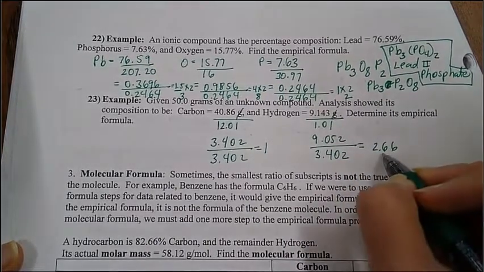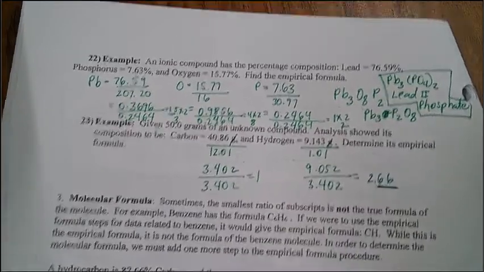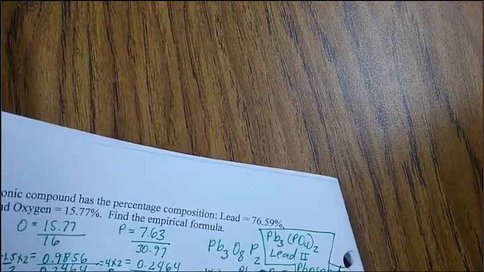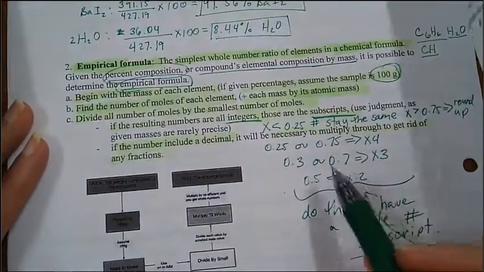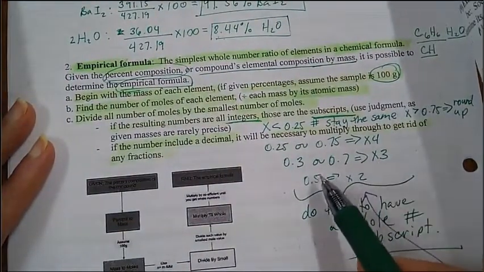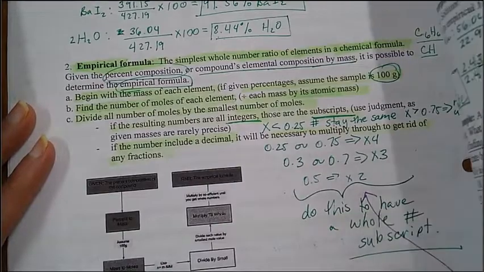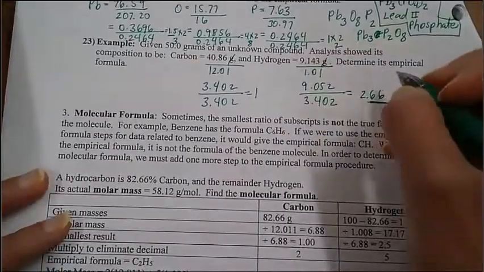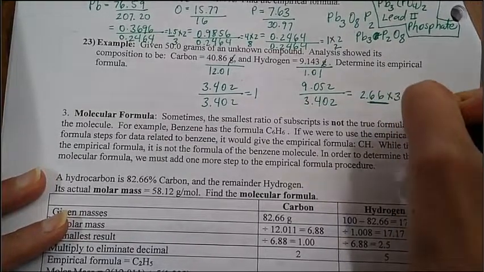Now the point of this is, look at this ratio right here. This is 0.66. So if we go back to what we had originally talked about in your notes, right here, we can multiply, it is 0.66. So we can actually multiply by 3 to give us a whole number ratio. So if we multiply by 3, this will give us 7.98.